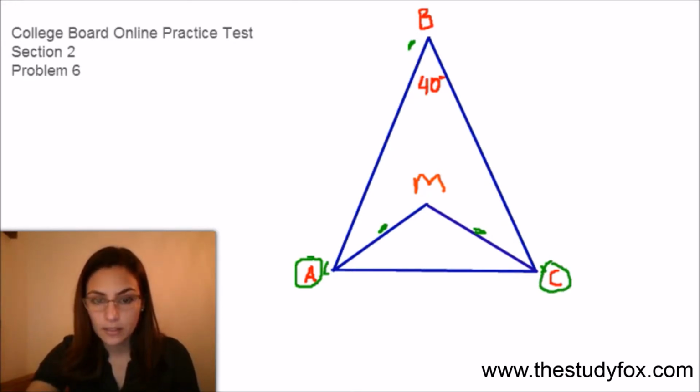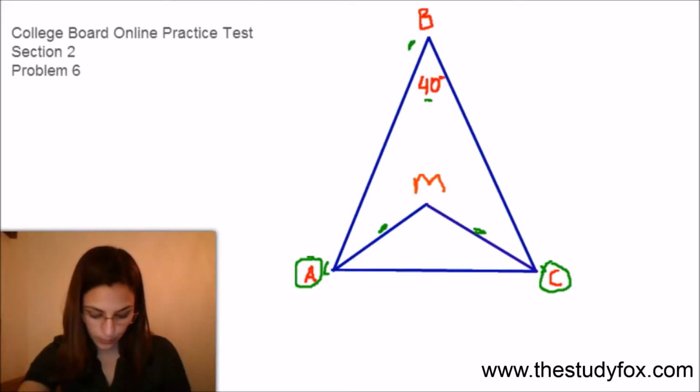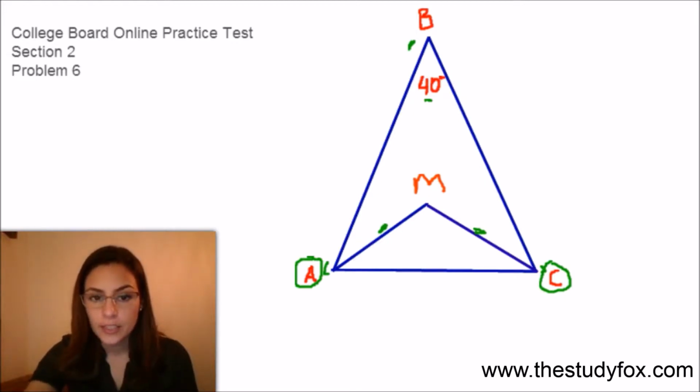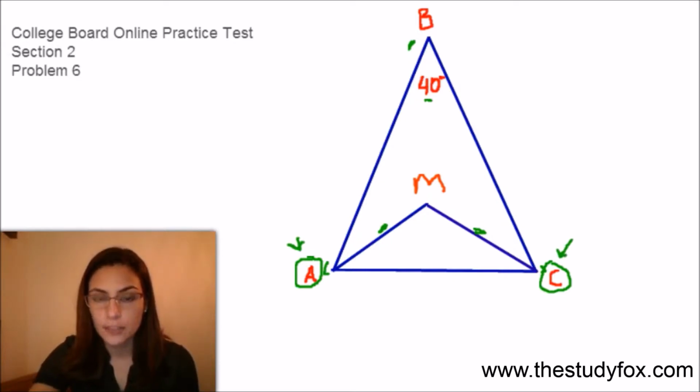I know that because they have given me the 40 here in the problem. We know that angle B equals 40 degrees, and the way the triangle is shown, it's obvious that angle A is equal to angle C, and those have to be the two equal angles. So how are we supposed to know what angle M is?